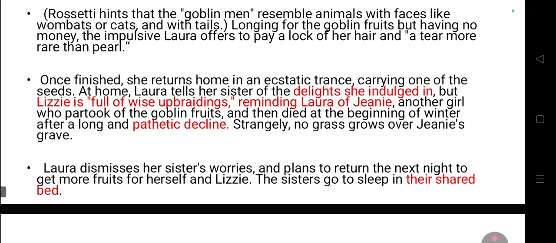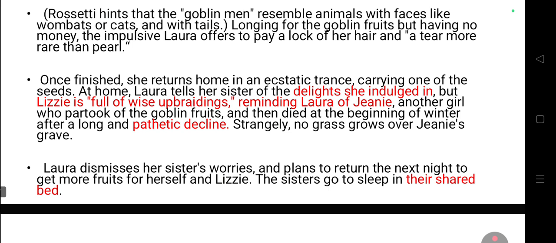Now, when Lizzie hears all sorts of the experiences Laura had at the river with the goblin merchants, she is reminded of another girl, Jeanie.